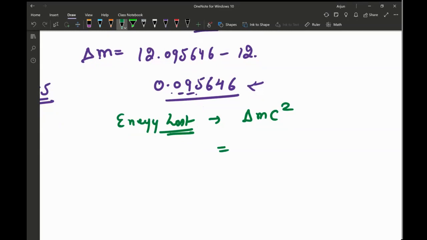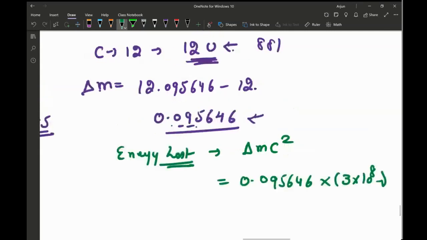And how am I going to figure that out? Delta M value is 0.095646 multiplied by 3 times 10 raised to the power 8 meters per second.